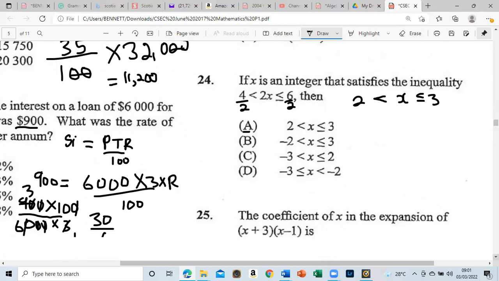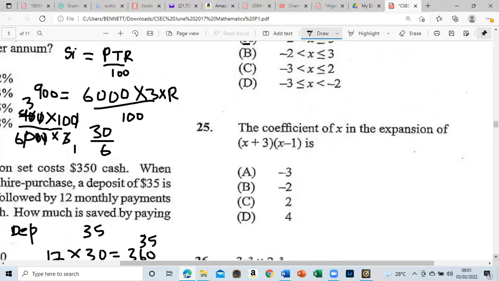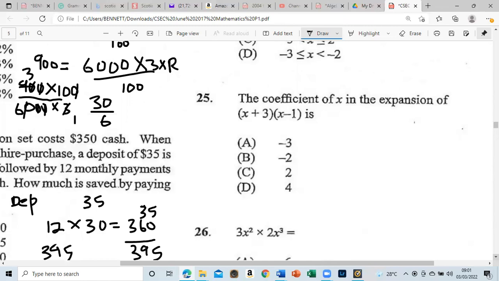25 says coefficient of x in the expansion. So guys, just expand. x times x is x squared. I'm going to multiply both terms by this x right here. So x times 1 is negative x, and 3 times x is positive 3x.